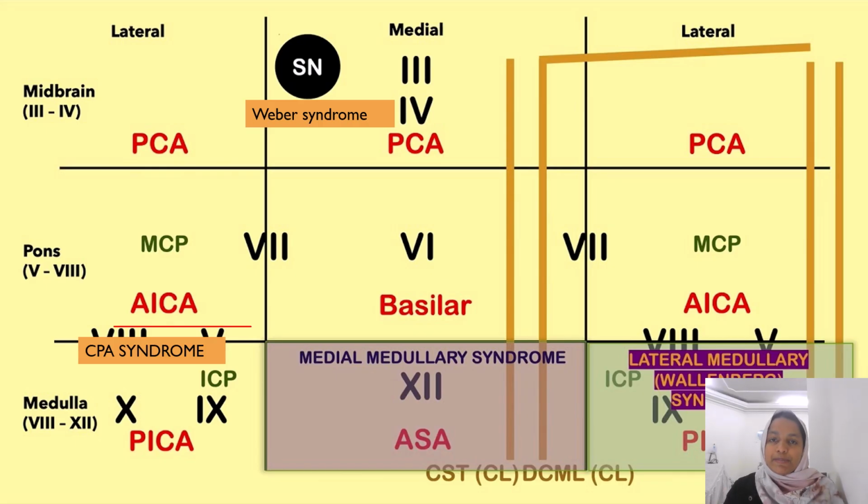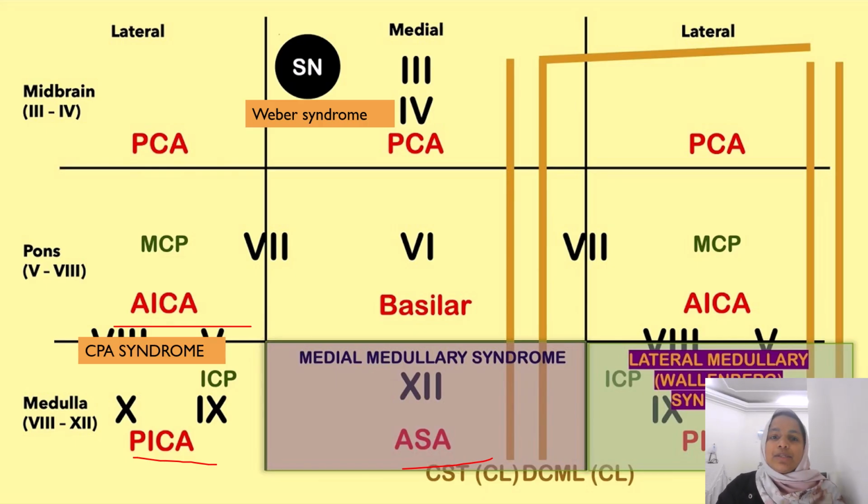It also gives the posterior spinal artery, but when we are concerned with the medulla, we are concerned with the anterior spinal artery, because the anterior spinal artery not only supplies the anterior two-thirds of the spinal cord, it also supplies the medial part of the medulla. And there is another branch from the vertebral artery which is called PICA. So we have an AICA, so we should have a PICA. The posterior inferior cerebellar artery, a branch of the vertebral artery, supplies the lateral part of the medulla.